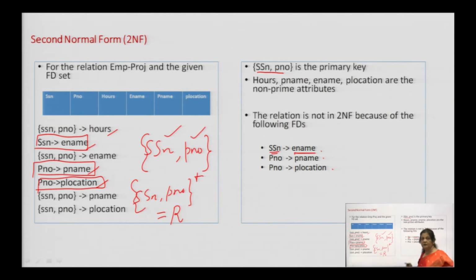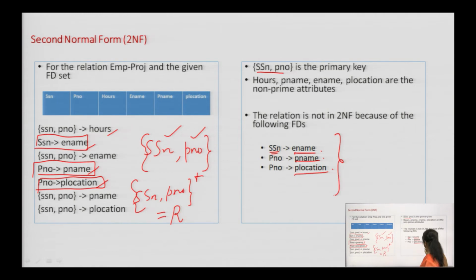The non-prime attribute ename is dependent only on one of the attributes of the key. Similarly, over here the non-prime attribute pname is dependent on only one of the attributes of the key, that is PNO, and over here the non-prime attribute plocation is dependent on only one of the attributes of the key, that is PNO.